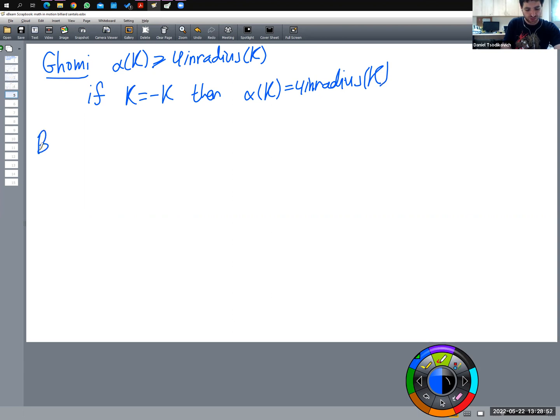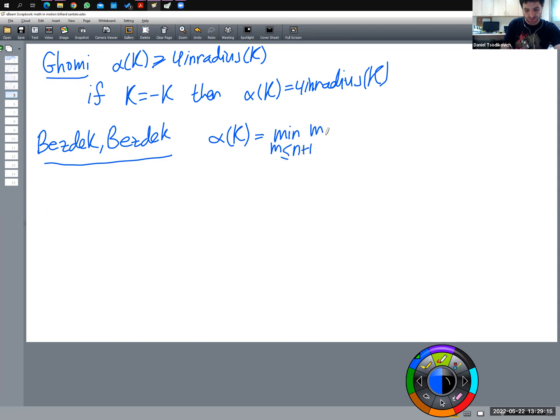Another result, which we will use a lot, is the result of Bezdek and Bezdek, that gives an alternative characterization of alpha K. Bezdek and Bezdek show that alpha of K is the minimum over m at most n plus 1, minimum of P inside the set PmK, but I'll now explain what it is, of the length of P. So K is a body in Rn.